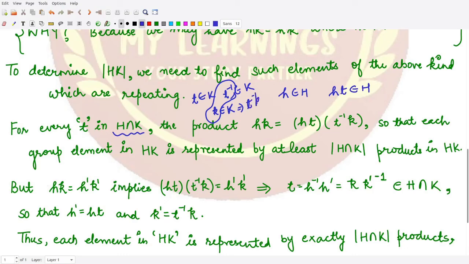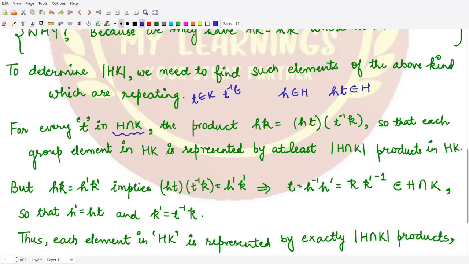It is because K is a subgroup of the given group G. So taking this in mind, we have both this element as well as this element: this element is a member of capital H and this element is a member of capital K.